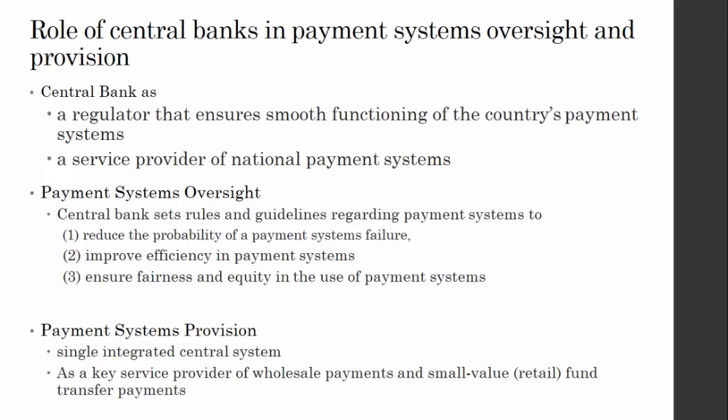First, as the regulator that ensures smooth functioning of the country's payment system, and secondly, as the service provider of the national payment system. So the central bank has two roles under this function, regulator and service provider.